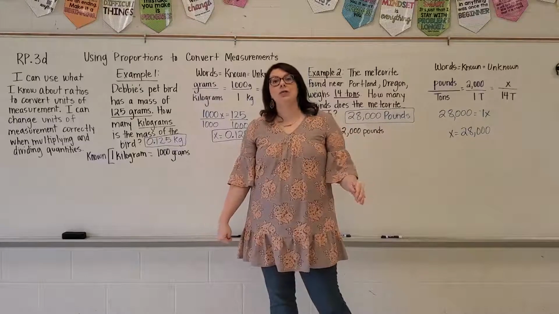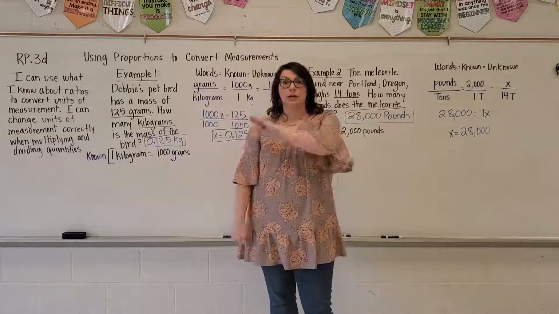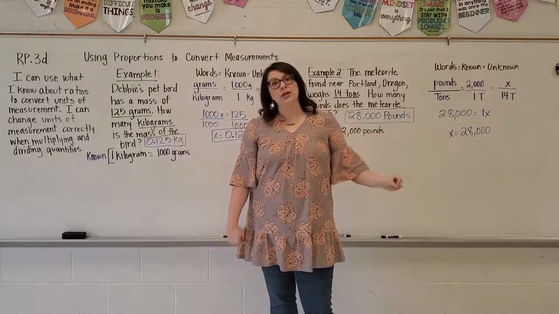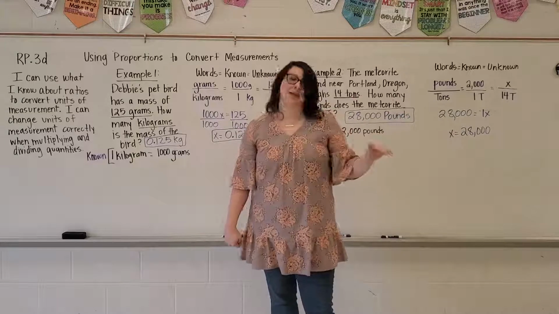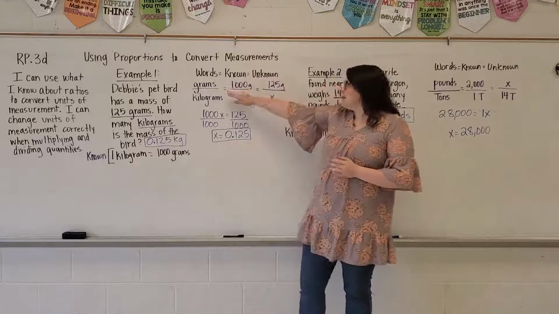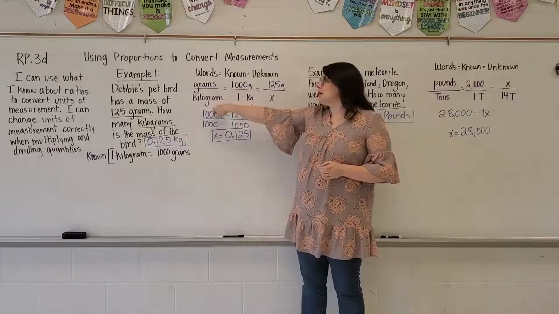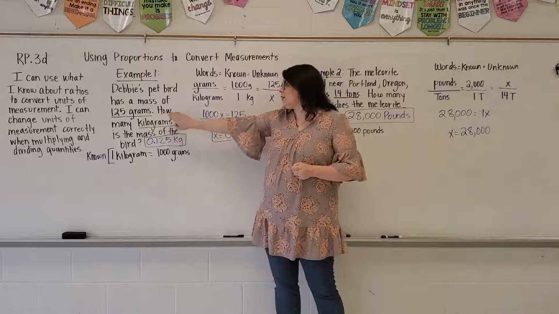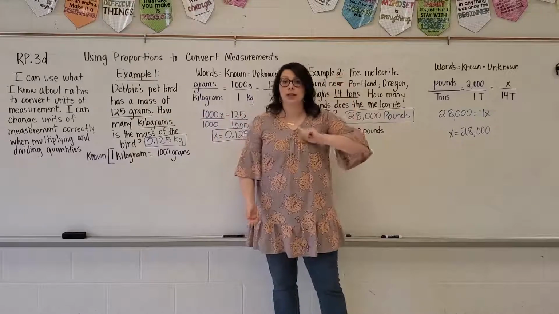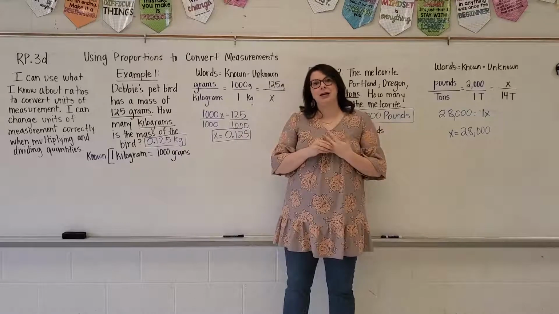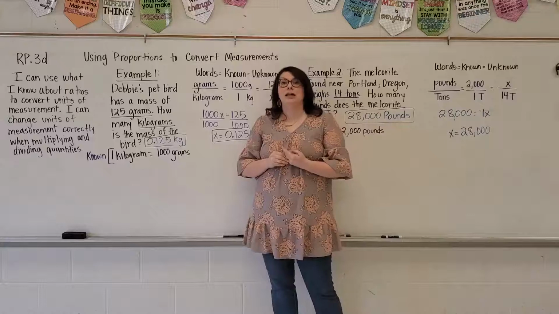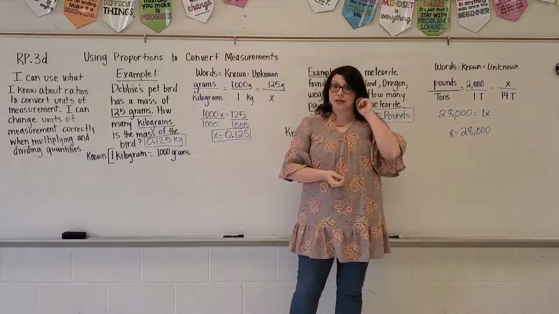Whatever unit of measurement we put in the numerator has to stay that way through the entire problem, and whatever unit we put in the denominator has to be the same throughout the entire problem. So we're going to put grams to kilograms because we're looking for kilograms and we're given grams. Now, in a proportion, unless it is a percent problem, it doesn't matter which one goes in the numerator and denominator, but it has to stay the same throughout the entire problem.